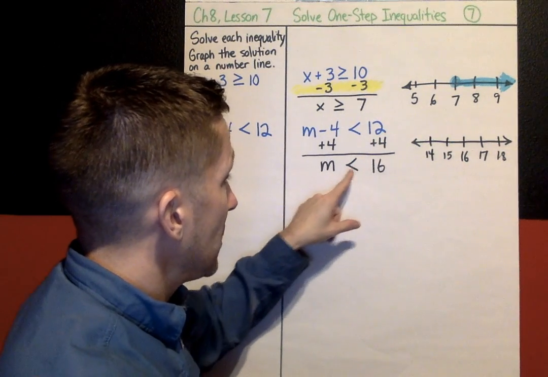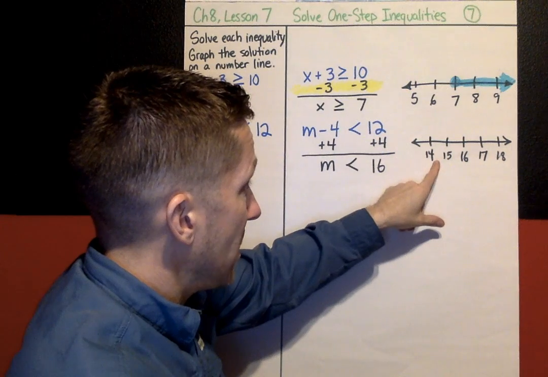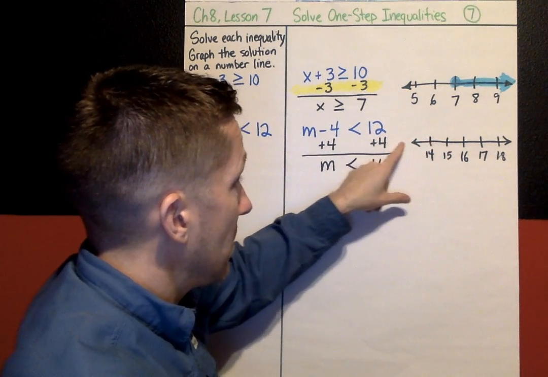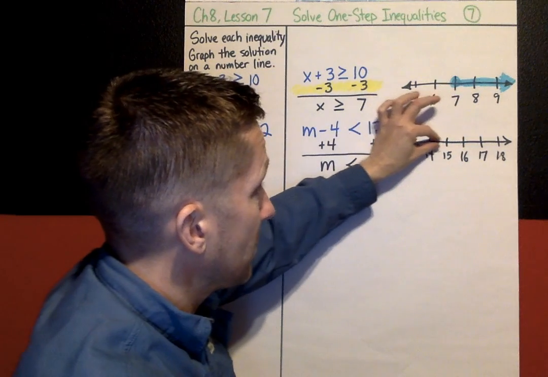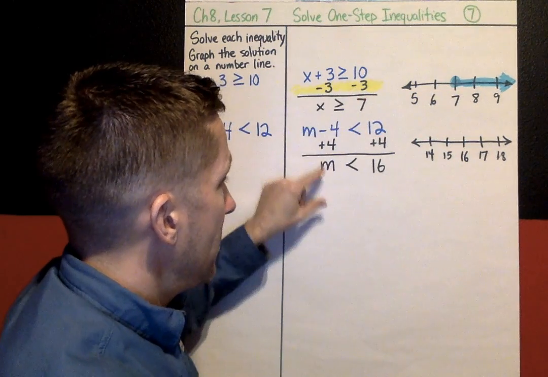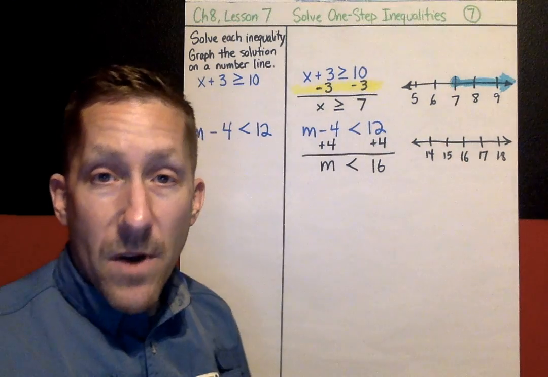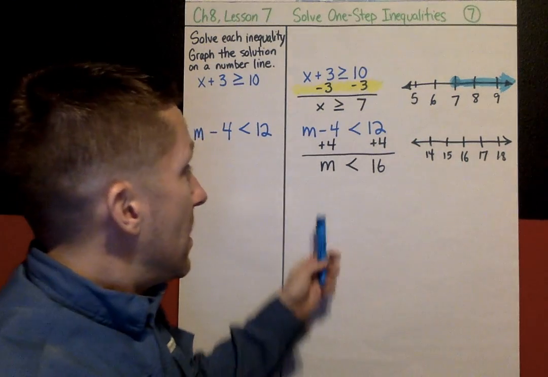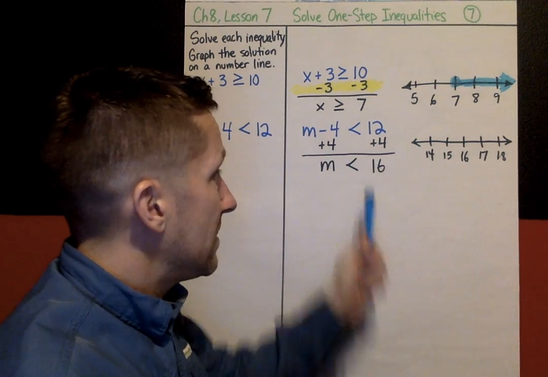Now I'm going to think about what numbers fit this inequality. The answers are less than 16. So 14 works, 14 and a half works, 15 works. All these answers that are less than 16 work, so my answers are all going this way. Do I want to include 16? Put 16 into this inequality. Is 16 less than 16?